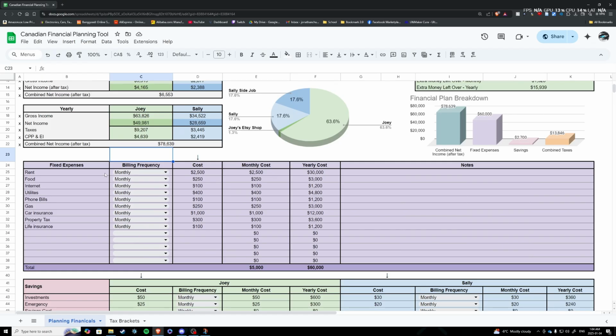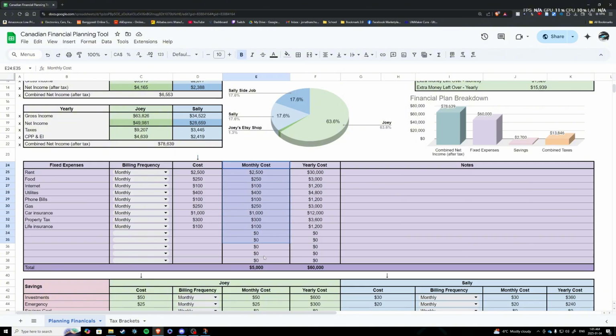Down below, this is where you can put in your fixed expenses, so our rent or food or internet, you get the idea. You can put what those are, so rent $2,500, food $250 monthly, and then you can also change the frequency, so you can have it weekly, bi-weekly, monthly, and then that'll automatically update the values for you.